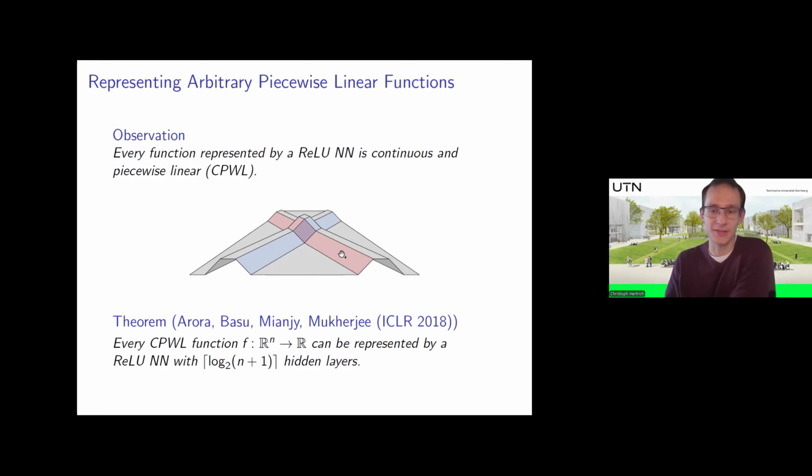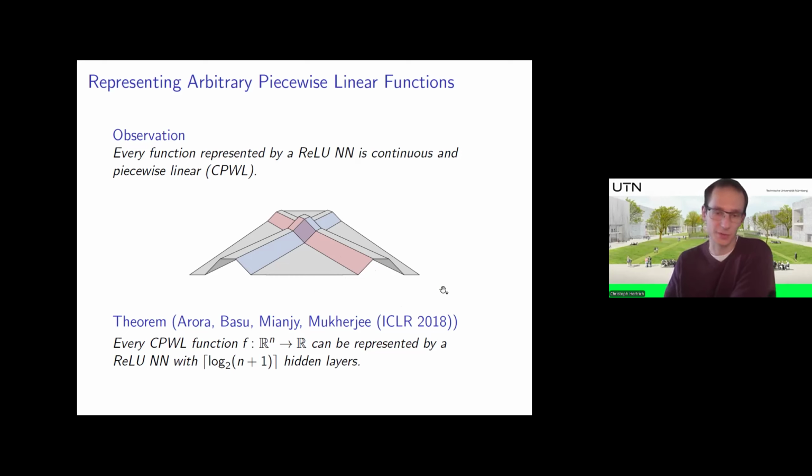You write it as a big linear combination of maxima functions, and you just use the construction I just showed you. And that's also why you obtain this logarithmic upper bound. It just comes from the maximum function, and all the maximum computations you do in this representation will be in parallel, so you still just have a logarithmic number of hidden layers. But the width can be pretty large if your function is very complex.